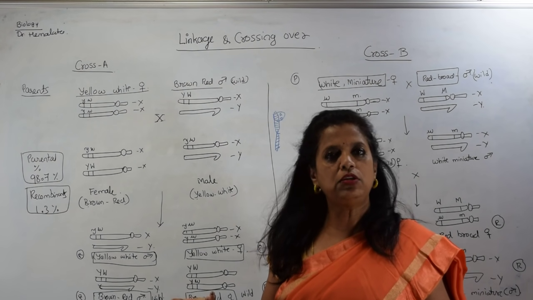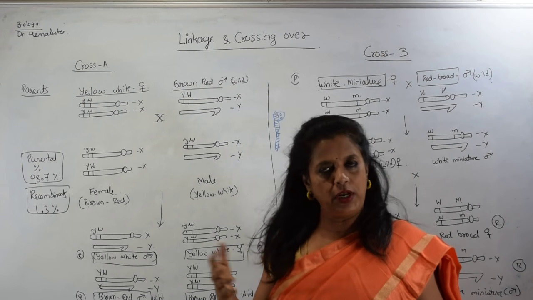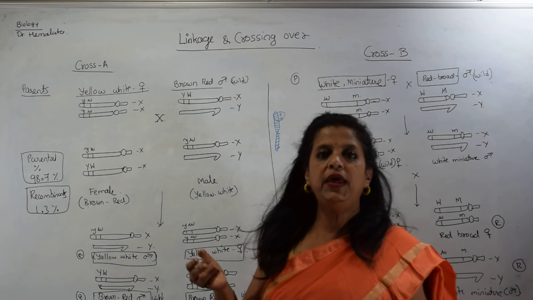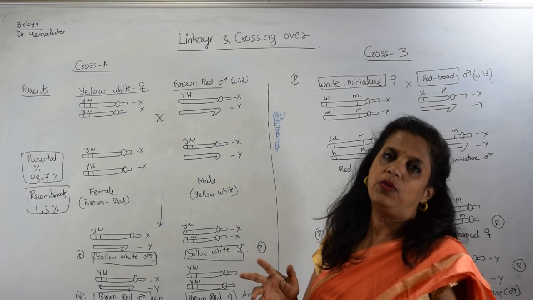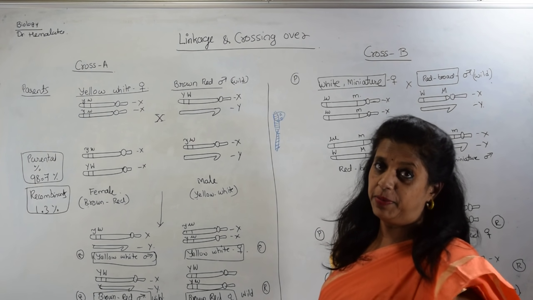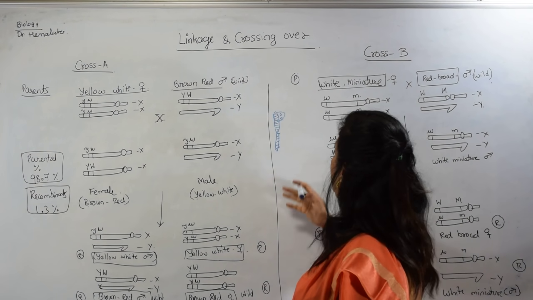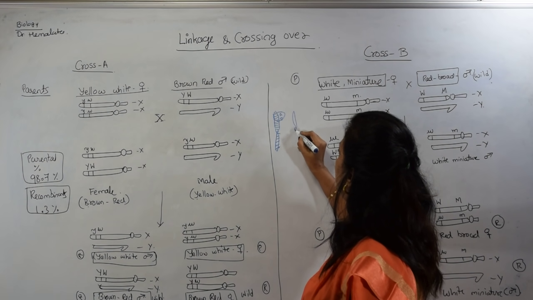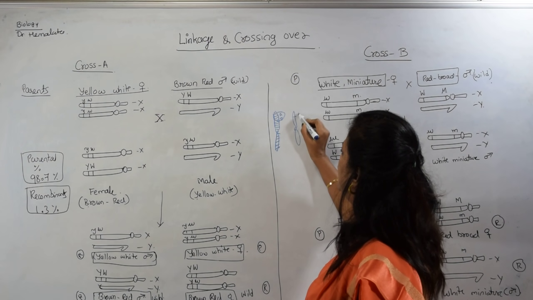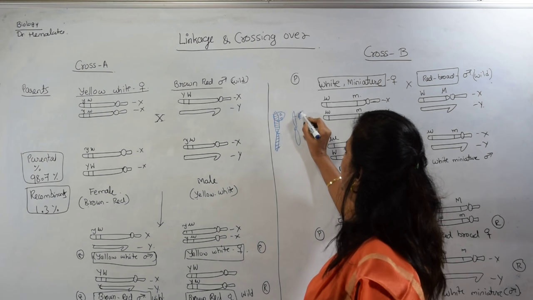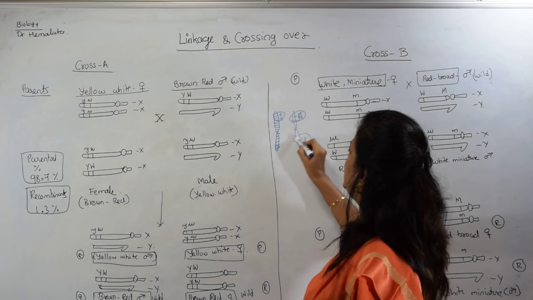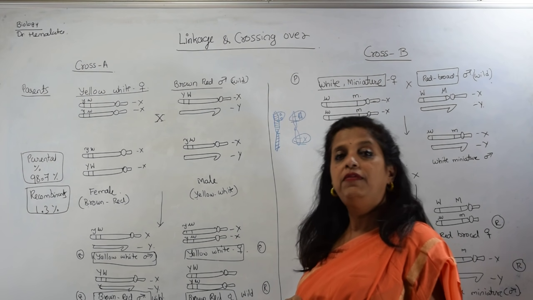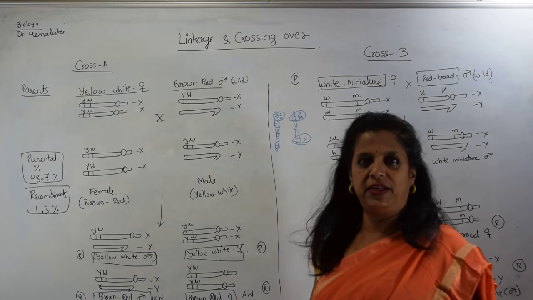During meiosis there will be gamete formation, right? If they are found together, they will not undergo segregation or independent assortment. But imagine another chromosome where one gene is here and another gene is in another place. Then they are far away from each other, right?